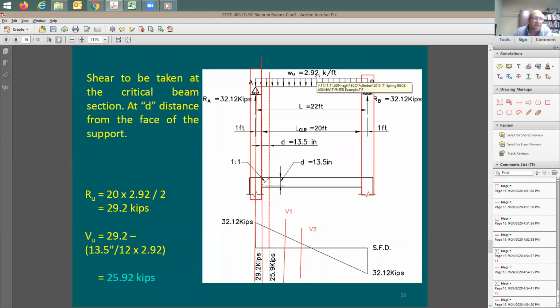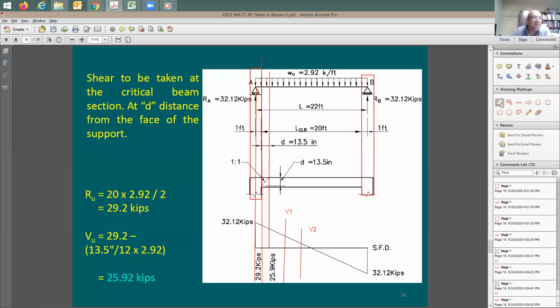This is the meaning of this uniform load. So if you look here at the face of support, the shear equals 29.2, right? Which is this value here. If you want to go to the shear here, you need to reduce it by how much? By 2.92 per foot. This distance is 13.5. So I'm going to say here 13.5 divided by 12 is going to give you the distance in feet, multiplied by 2.92, subtracted off the 29.2, which means the shear from here to there.